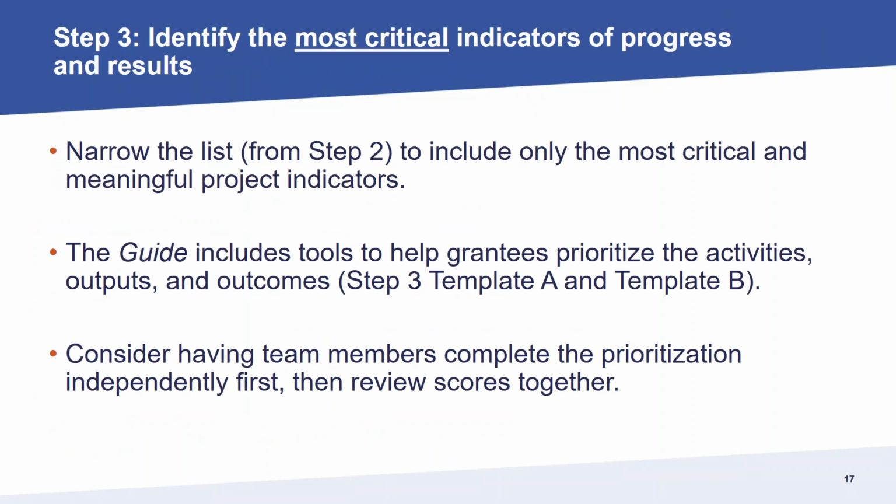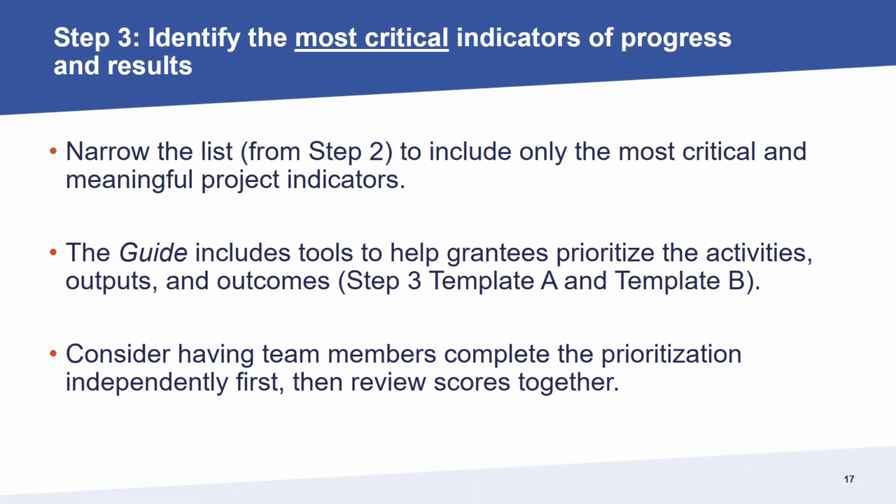So now we're at Step 3. Step 3 is a time of winnowing or narrowing the list of indicators. In Step 2, you made a long list of components of your projects. Now we want to give pause and consider what is most important in terms of indicators of progress or lack thereof in your projects.